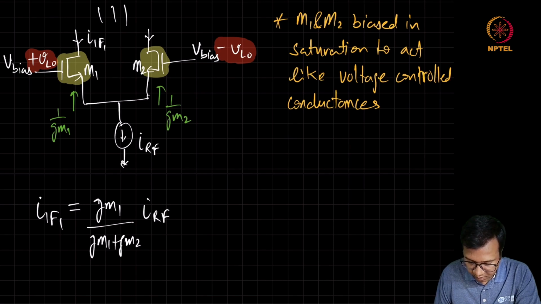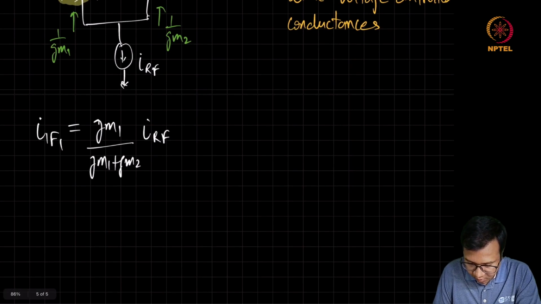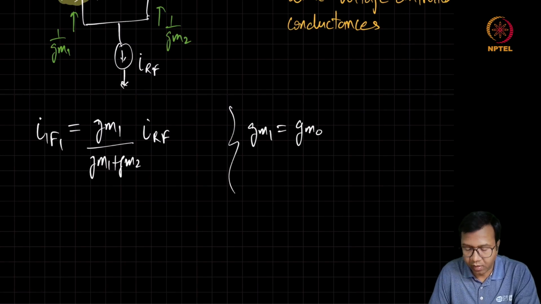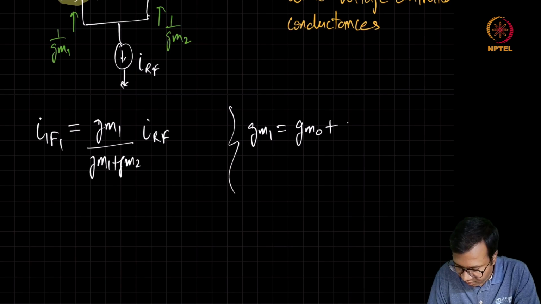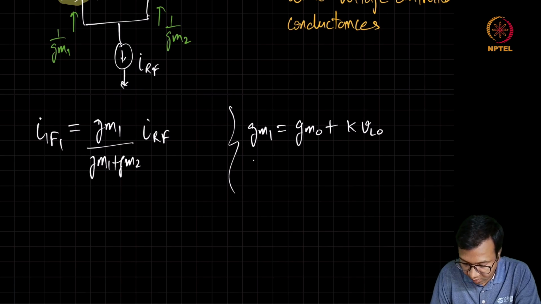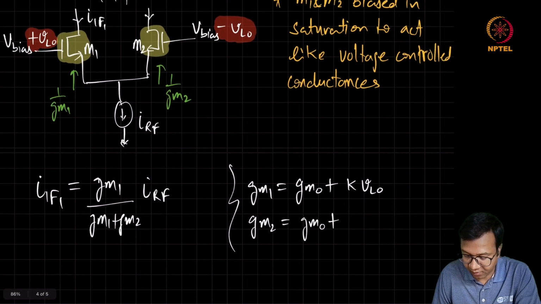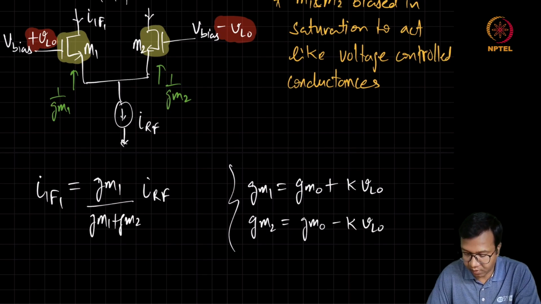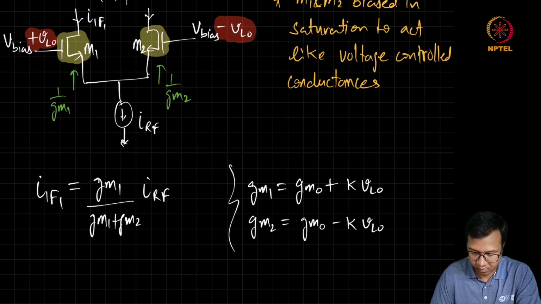And let's say GM1 has a nominal GM of GM0, and when we apply this VLO, its GM changes by some K VLO. Similarly, GM2 has a nominal transconductance of GM0, and when we apply minus VLO, its GM is going to change by minus K VLO.